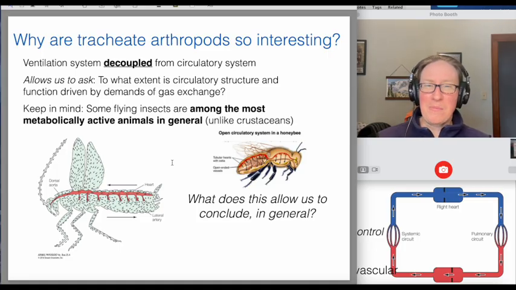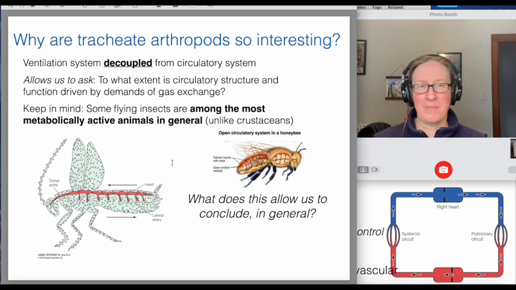This is really amazing and powerful because this fact lets us ask a really interesting question about the evolution of circulatory function. And that question is, to what extent is circulatory structure and function driven by the demands of gas exchange?